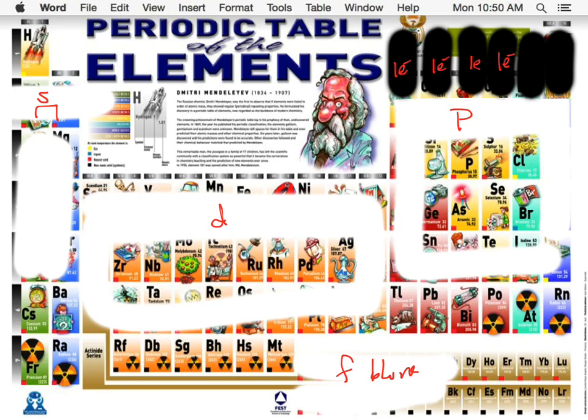So every time I go through, moving from column to column to column, across a row, I'm adding a single electron. How many electrons could I add and still stay in the P block? 6, because there are 6 columns in the P block. How many electrons could I add to the D block? 10. S block, 2. F block, 14. You just count the columns.